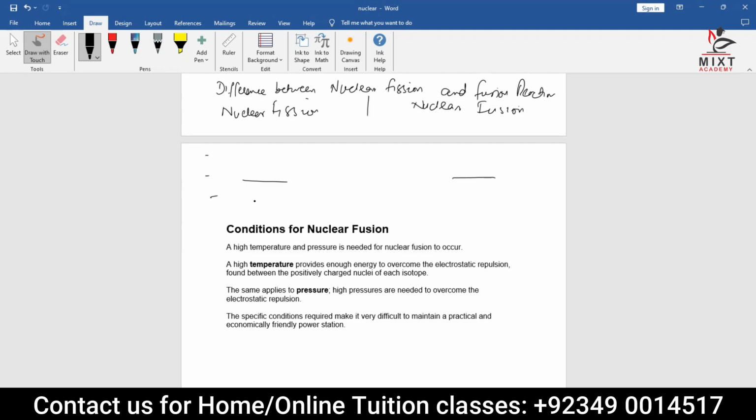Armina, what about the fourth difference? Or Yumna, fourth difference? Ibrahim, which reaction is exothermic reaction and which reaction is endothermic reaction?